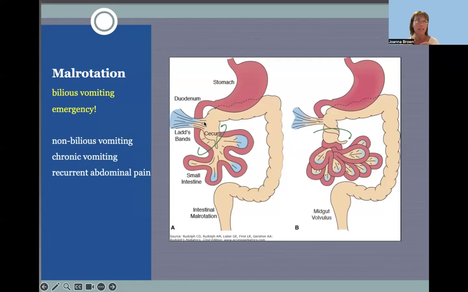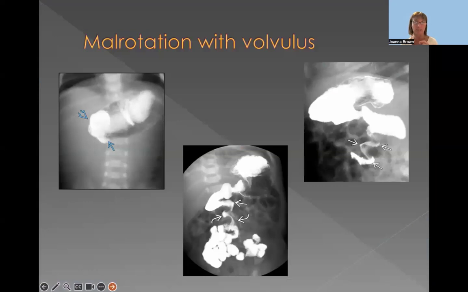It's not only that Ladd's band will cause partial obstruction of the duodenum, but the mesentery can go very, very quickly into rotation and stop the blood supply to the whole small bowel. So this is why it's an emergency.